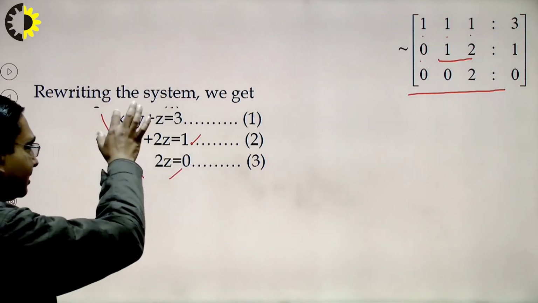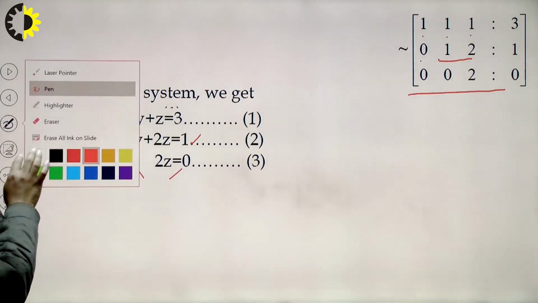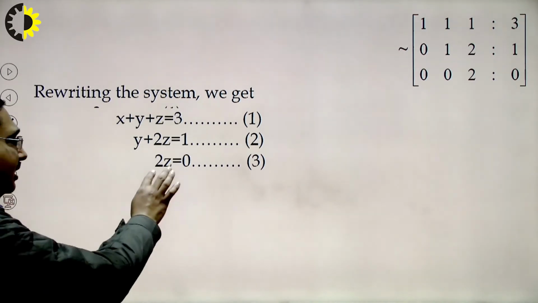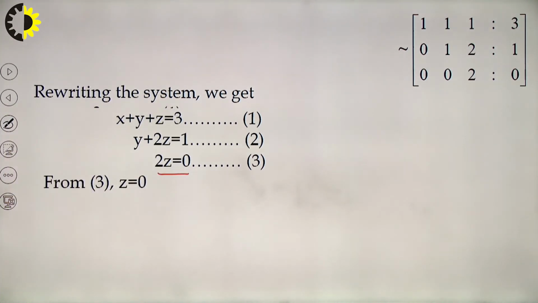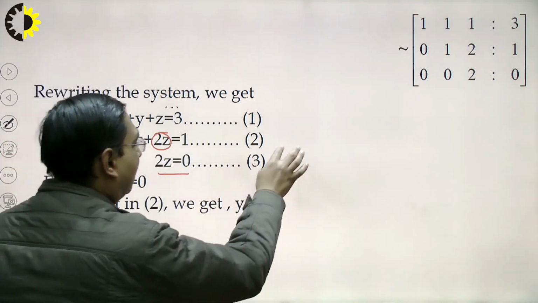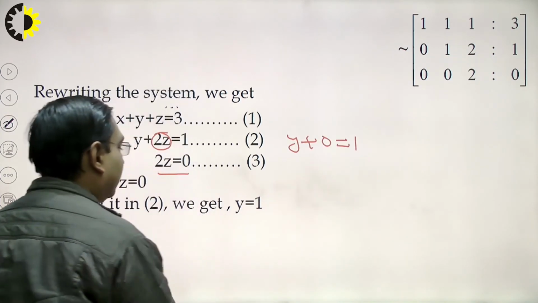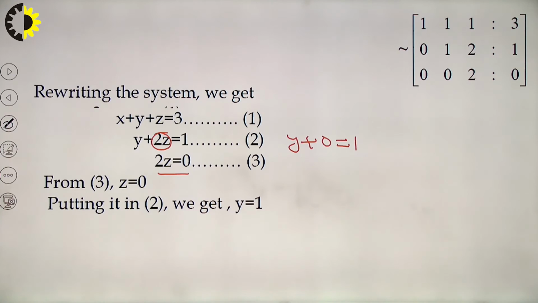Because this equation system is now in triangular form, there is no difficulty in calculating the values of x, y and z. From last equation, I get z equal to 0. Substituting z equal to 0 in this equation, I obtain y plus 0 equals to 1, that is y equal to 1.